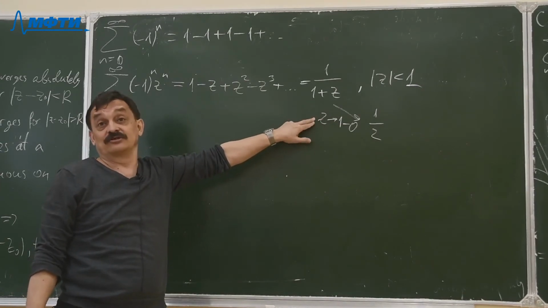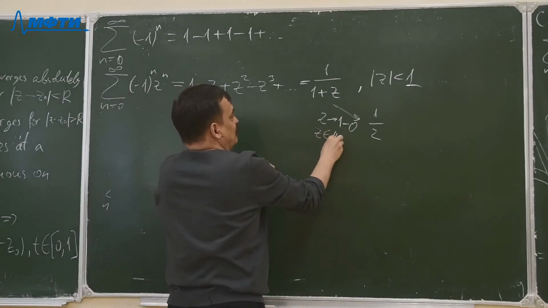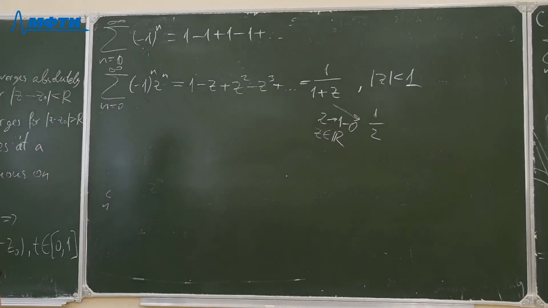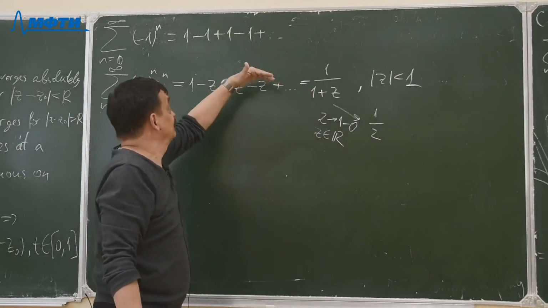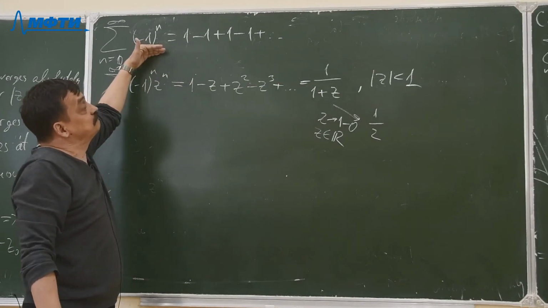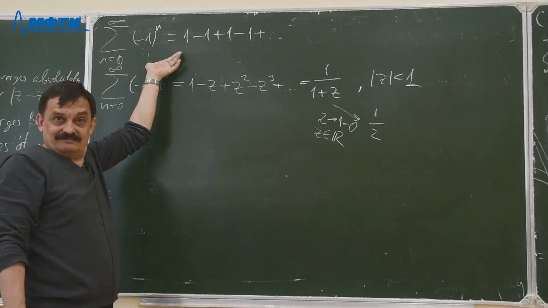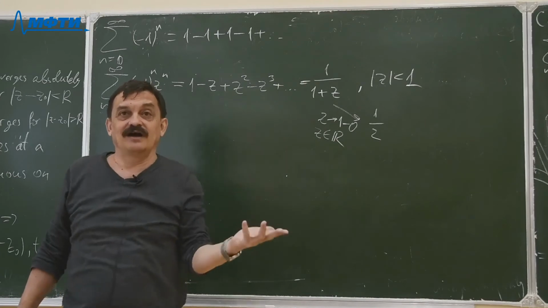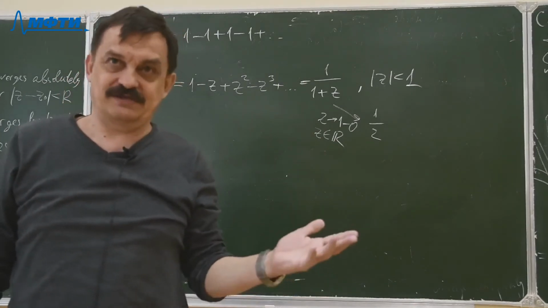Here z is real, otherwise I don't want to explain what it means. It means we can give a sense to this sum: let it be equal to 1/2, and that is called the Abel or Abel-Poisson summation process.